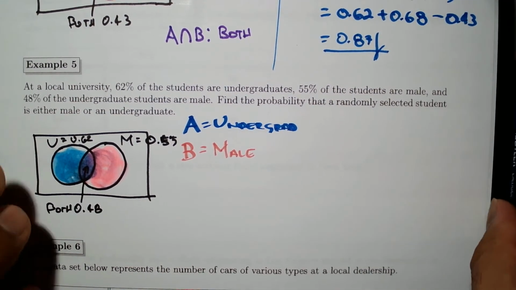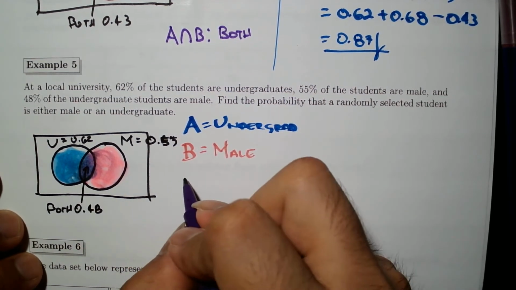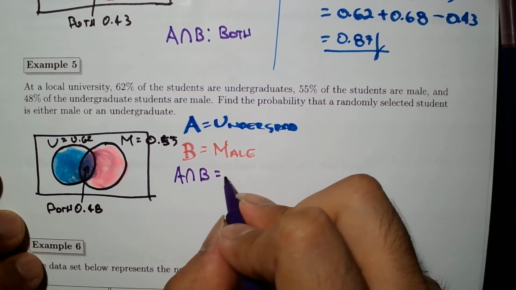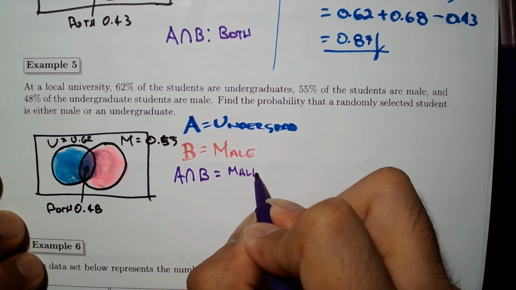And we have the intersection of the situation, which in this case I'm going to use purple for this. So A intersection B will be both male and undergraduate.